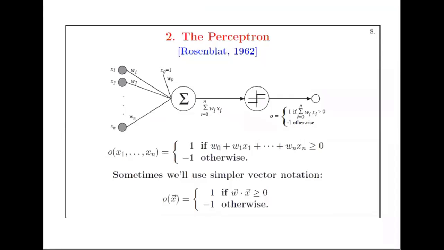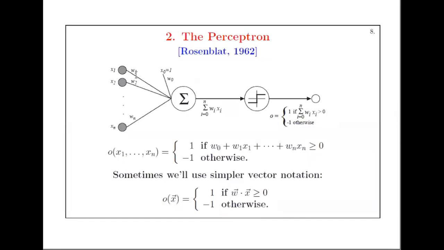We have seen that the perceptron unit takes various inputs along with the weights. So the linear combination of these inputs along with the weights, if the value is greater than or equal to 0, we'll consider the output as 1.